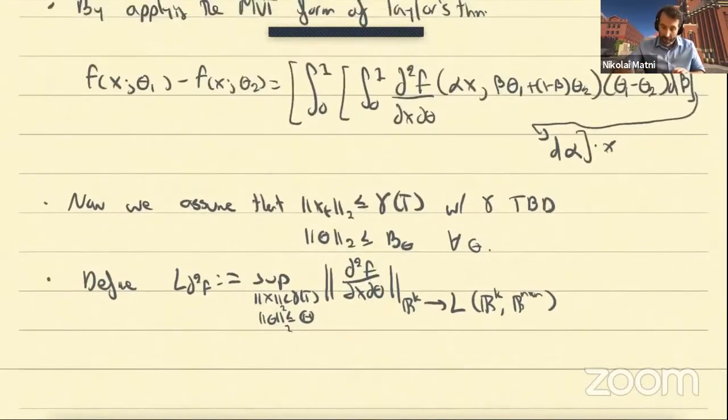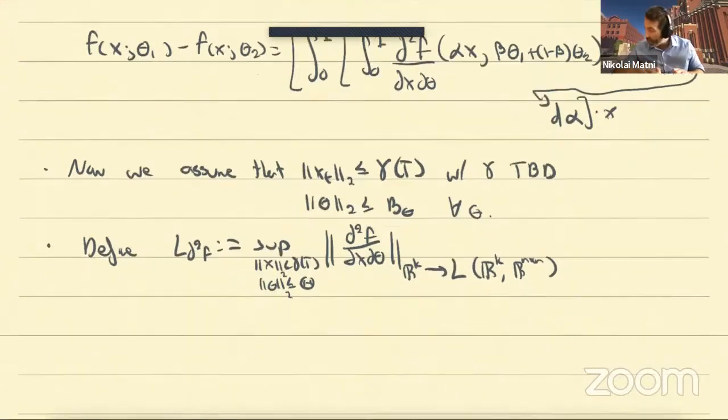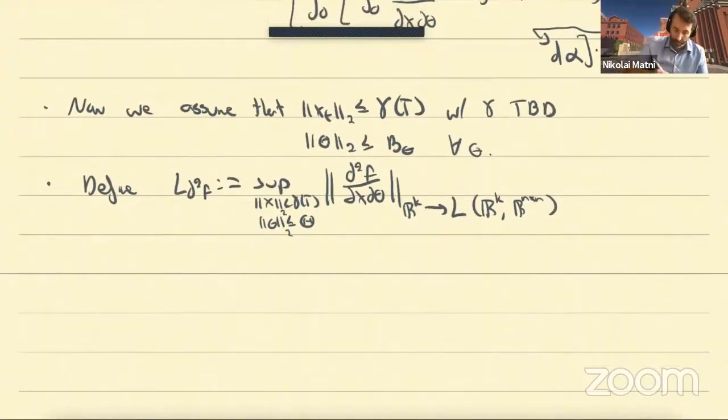So why did we do all this? If you wrap a 2 norm around here and then suitably use the submultiplicative property, you eventually end up with the following bound.